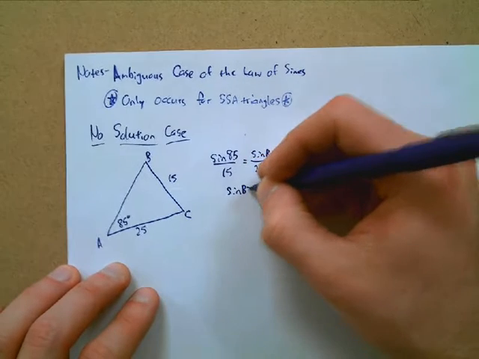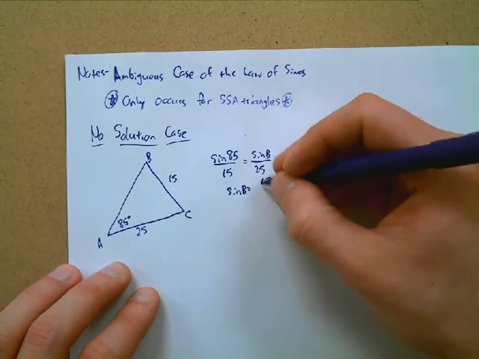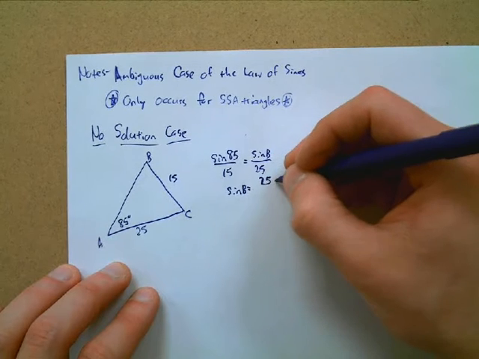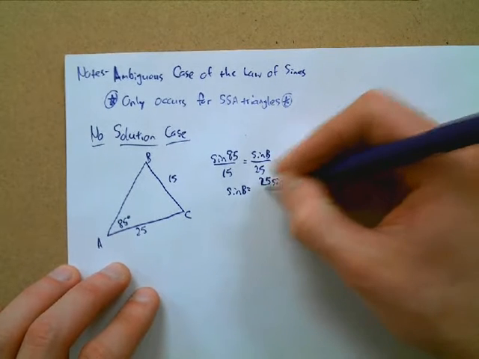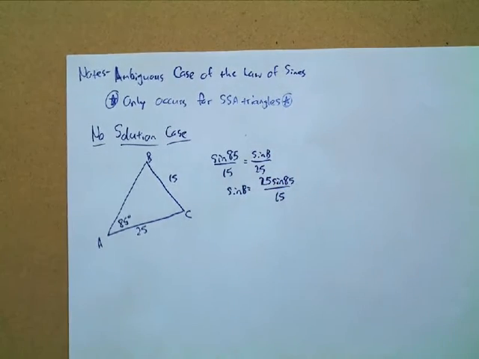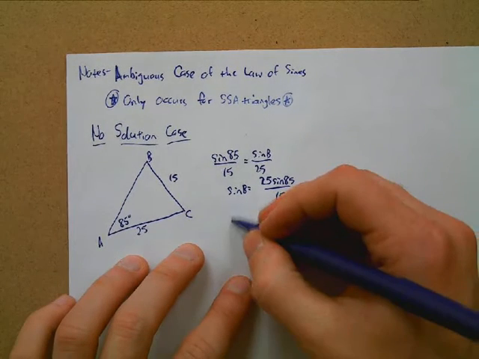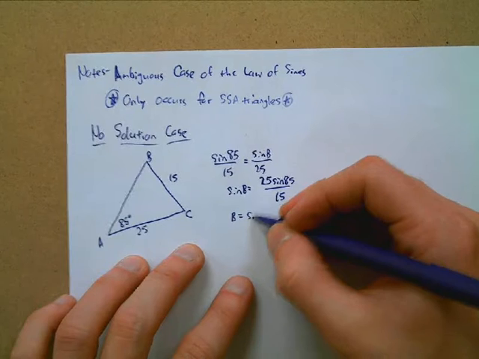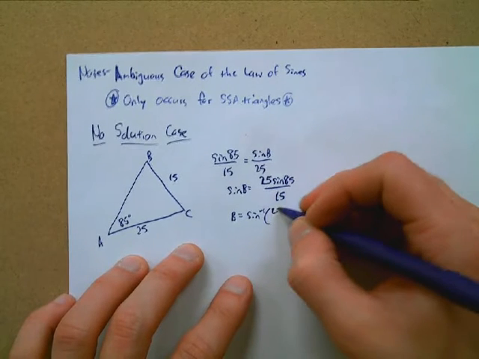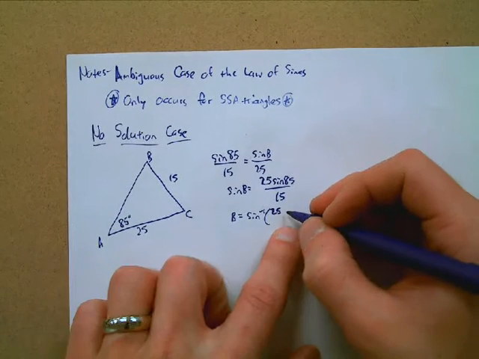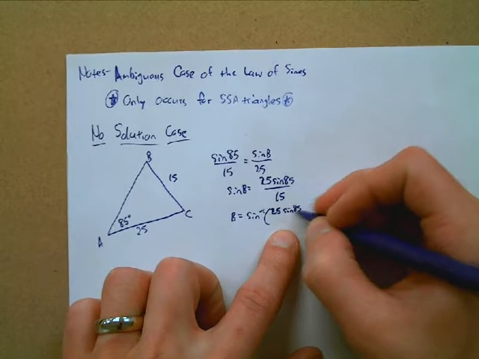Here we go. We got sine of B is 25 sine 85 over 15, and so we took sine inverse of that quantity. And we got an error.